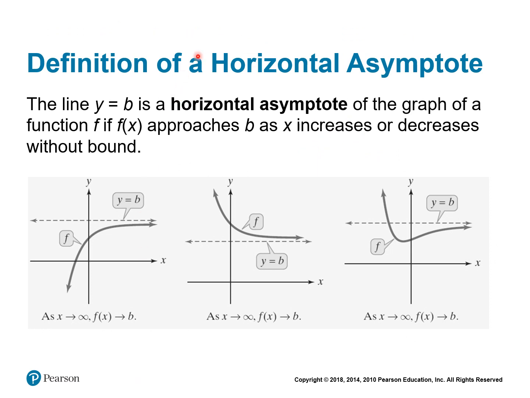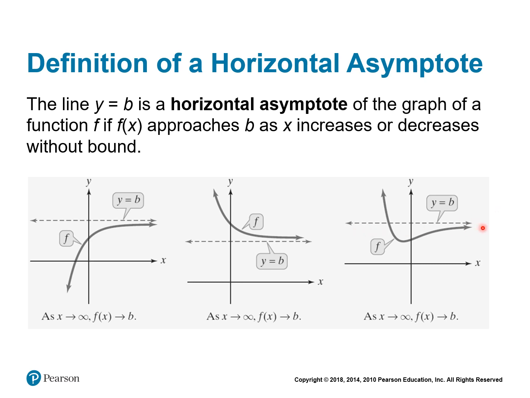Now we'll define what a horizontal asymptote is. So far we talked about the vertical asymptote, which runs vertically and has the equation x equals a. A rational function could have horizontal asymptotes as well.